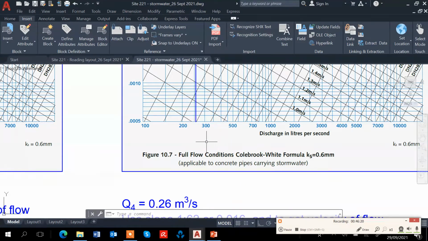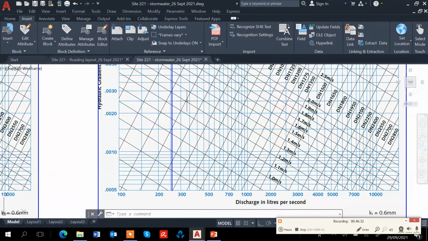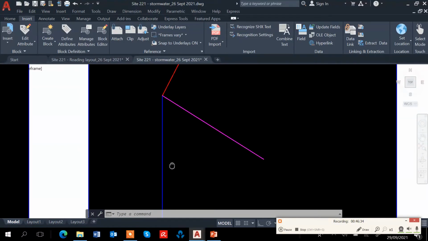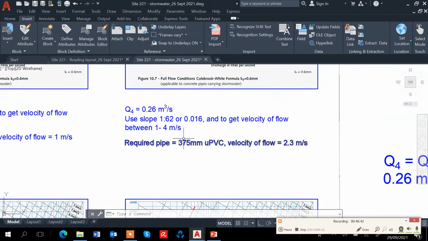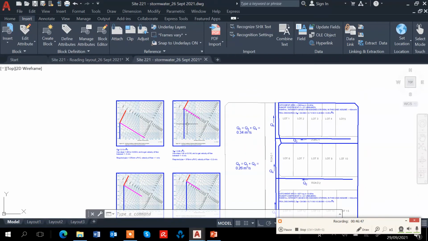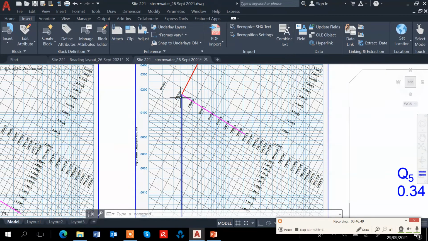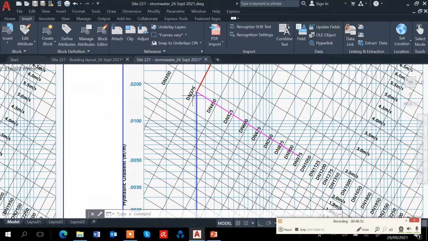So for Colebrook-White it is 260 liters per second, which is 0.26 meter cube per second, and the slope is 0.016. So here I get 375.